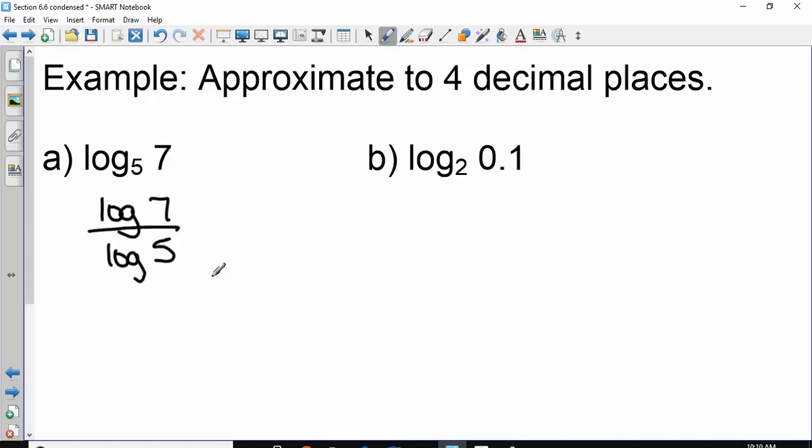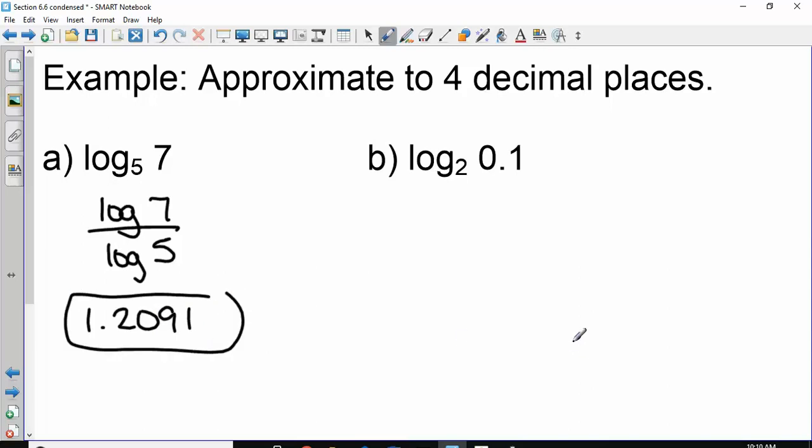So log 7 divided by log 5. So you would have to write that step, and then you get 1.20906.